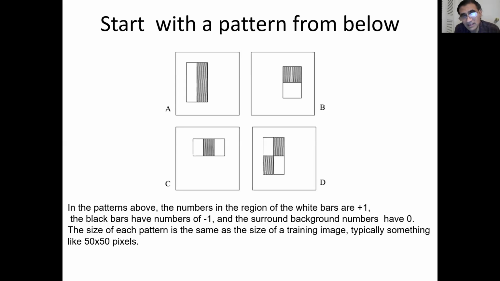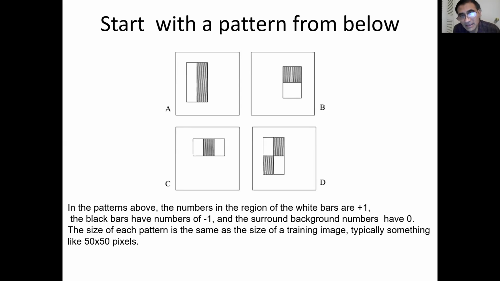Is each of these patterns clear? A, B, C, D? Is it clear what these patterns are, that I'm going to have the ability to generate these patterns, right? Yes. Right.